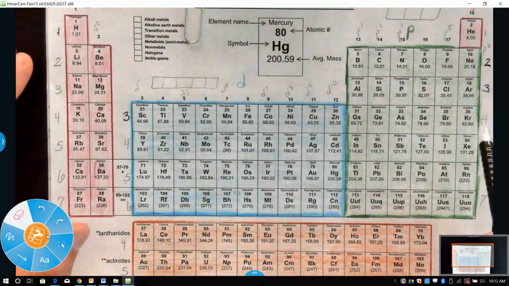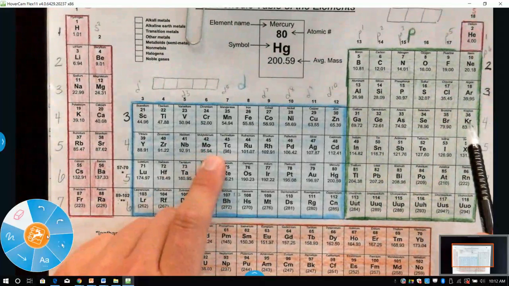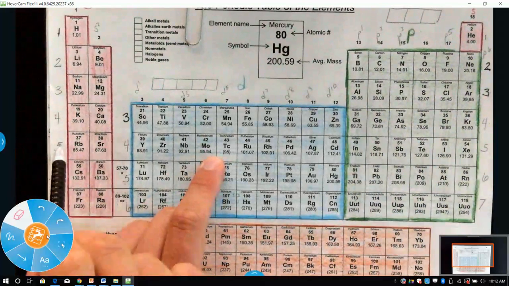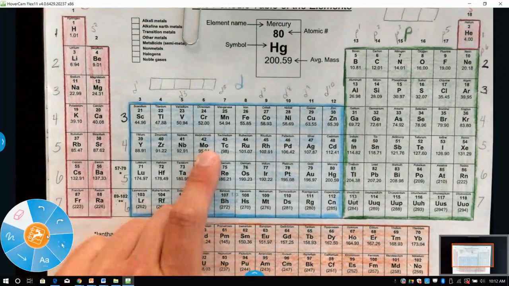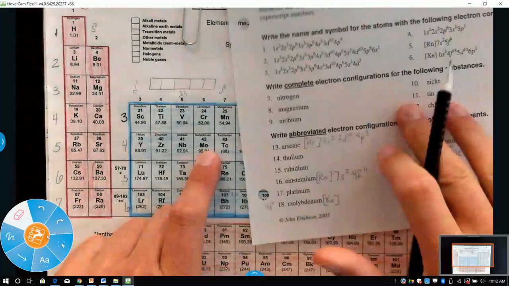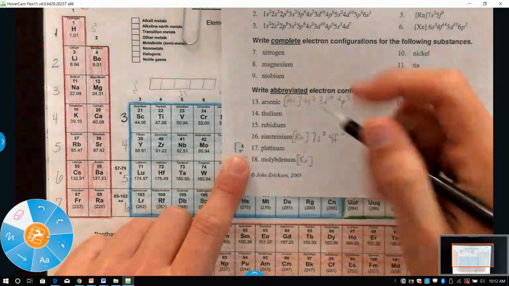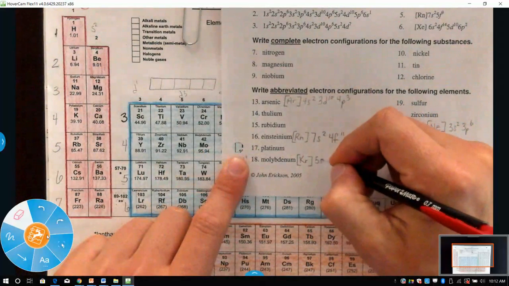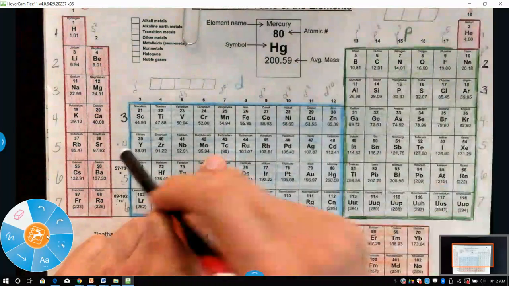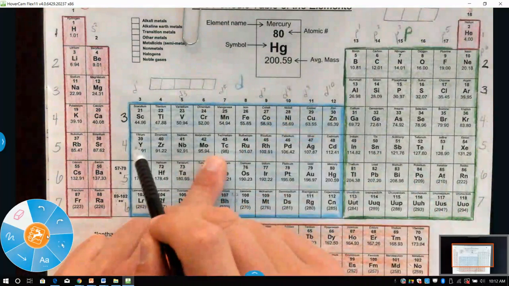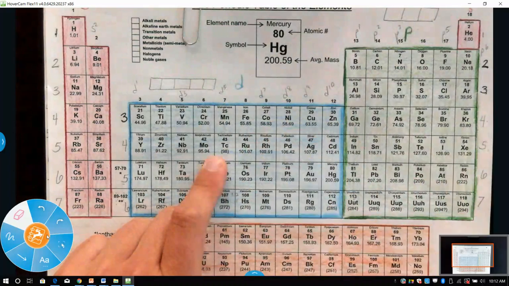So then after 36 comes 37, which is our 5s. We have to pass that because we're here at 42. So we have to fill our 5s. So we would have 5s2. And then now we would be in 4d. 4d, 1, 2, 3, 4.